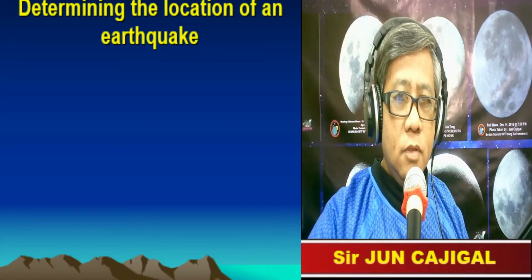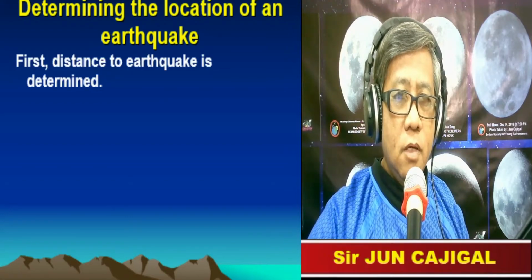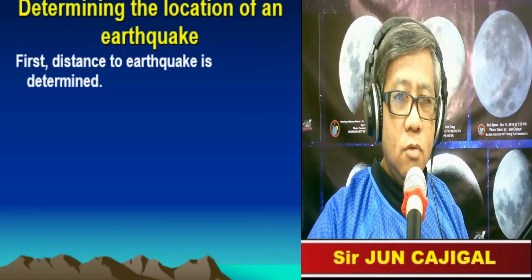In doing so, they need to consider the following. The first thing that the seismologist needs to determine is the distance of the earthquake. In doing so, they need to consider the following steps.